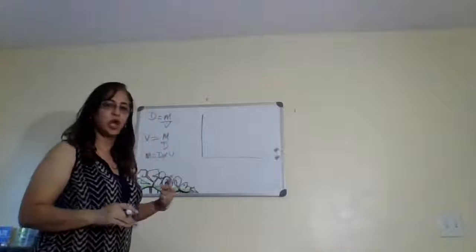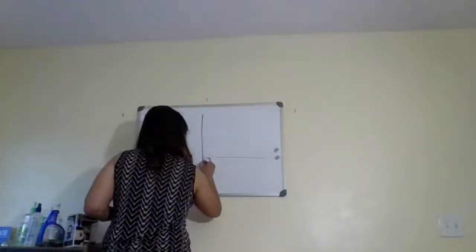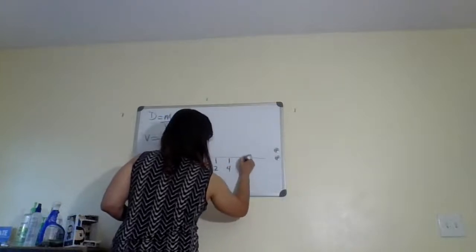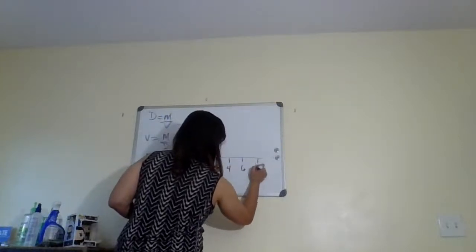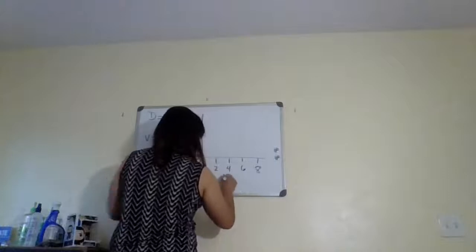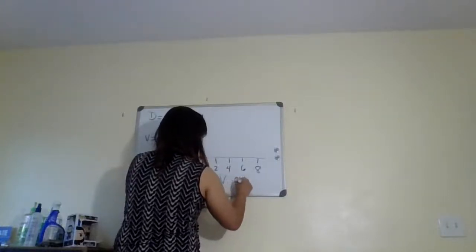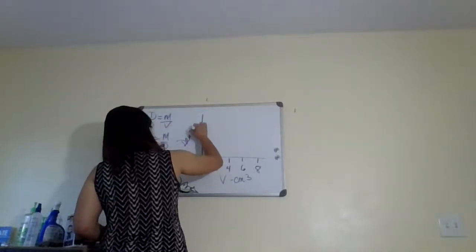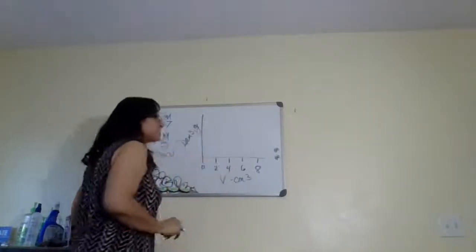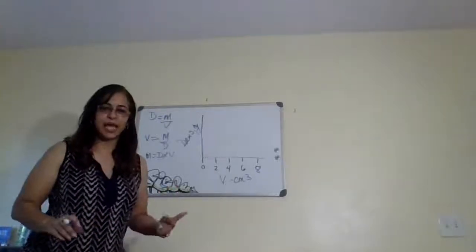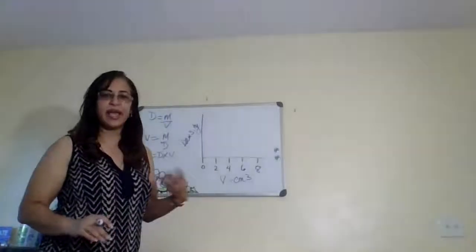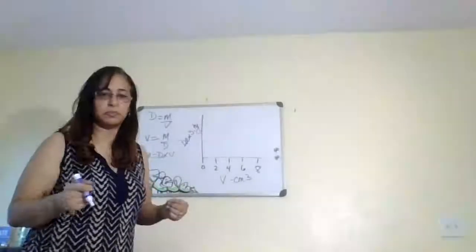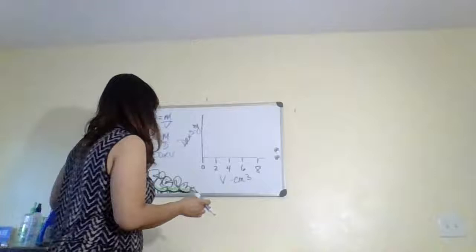So if I have a graph 0, 2, 4, 6, 8, and this is volume in cubic centimeters, and I have the density of the object here. Well, let's say we have aluminum because we know the density of aluminum and we use water a lot.